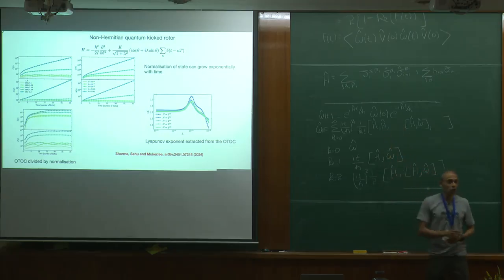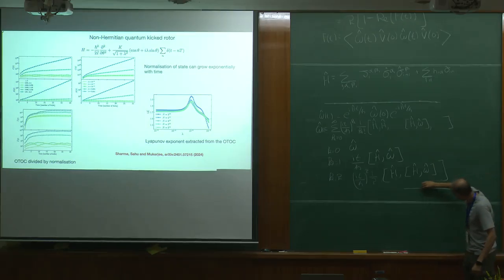And so when you take the commutator of H hat and W hat, H hat has a range which is nearest neighbor, W hat has a range which is strictly on site, and what you end up getting is something which is of length nearest neighbor, right?